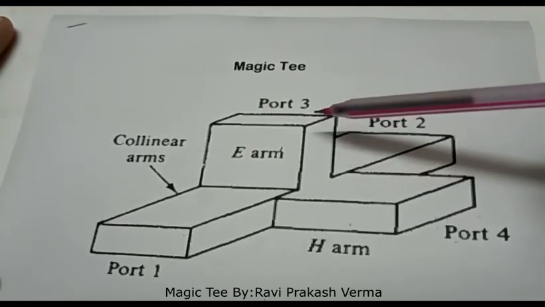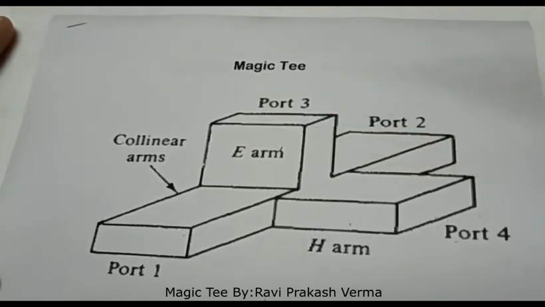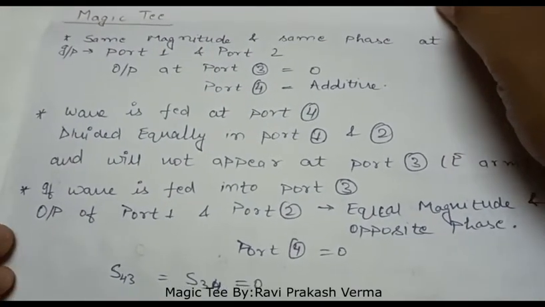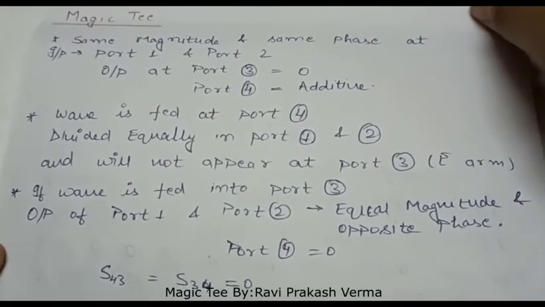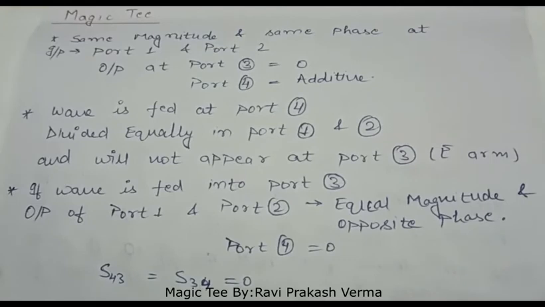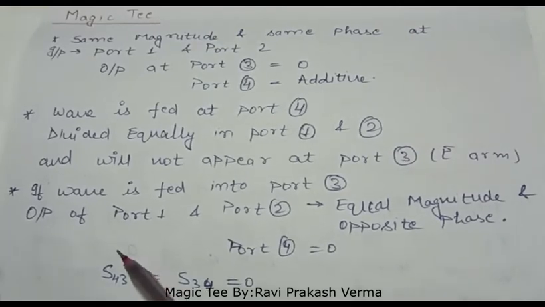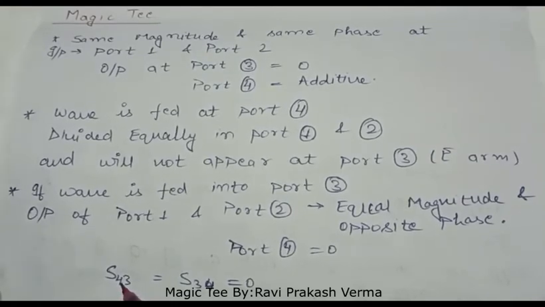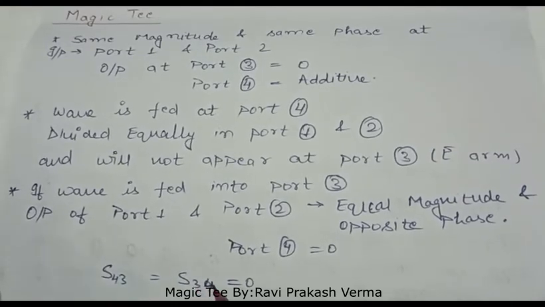So we can say that S43 is equal to S34 is equal to 0. These are some properties we have discussed. If we provide any input at port 3, we get 0 output at port 4, and similarly, if we provide input at port 4, we get 0 output at port 3.